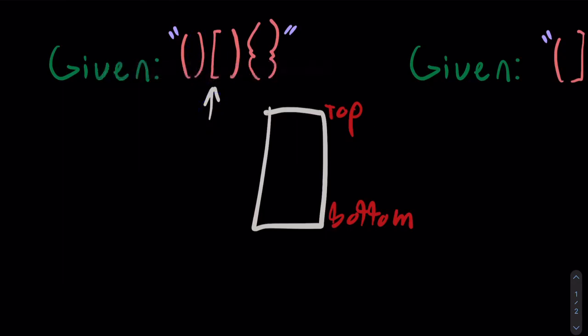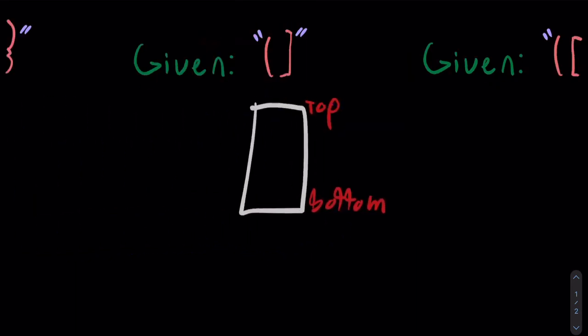Continuing on, we have an opening square bracket, so we're going to push a closing square bracket onto the stack. We continue, and now we have a closing character, so we're going to pop from the stack and check, does this closing square bracket match this closing parentheses? They don't, so we're going to return false.